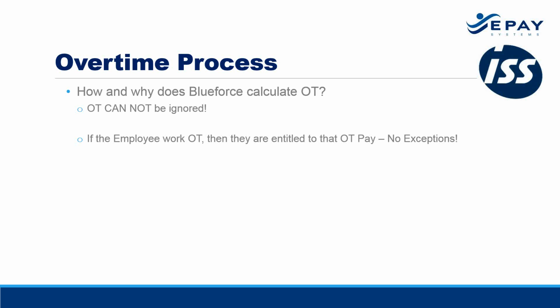Now, I put that line in this presentation today because there is a law that is currently being discussed and argued between the House and the Senate right now. There's still some disagreement going back and forth on how to pay overtime. There may be changes to the overtime rule.